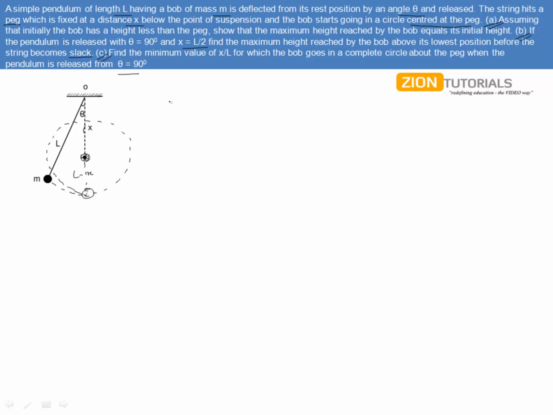So let us work out this problem, proceeding with part A, in which we need to find out the maximum height.